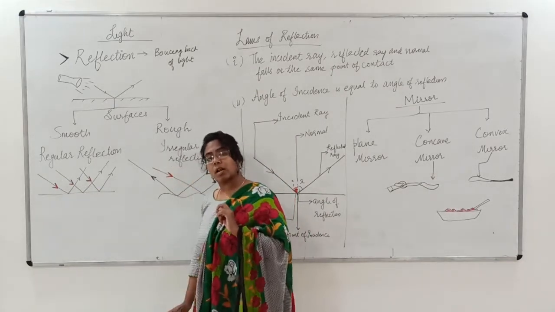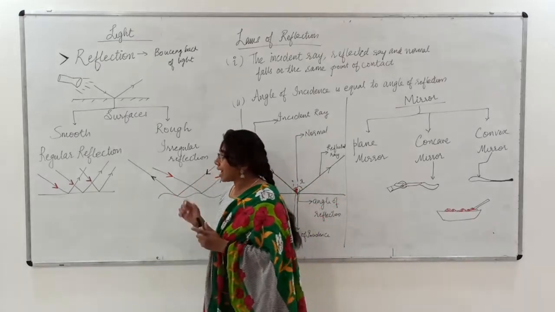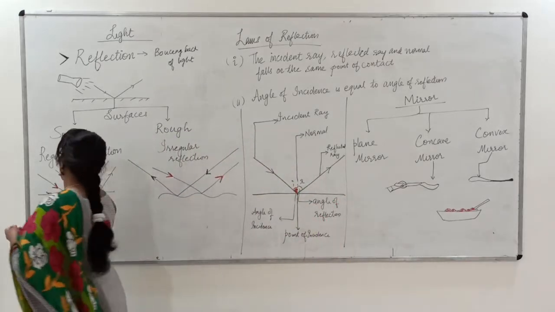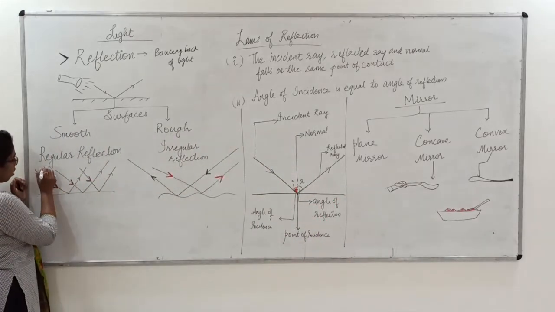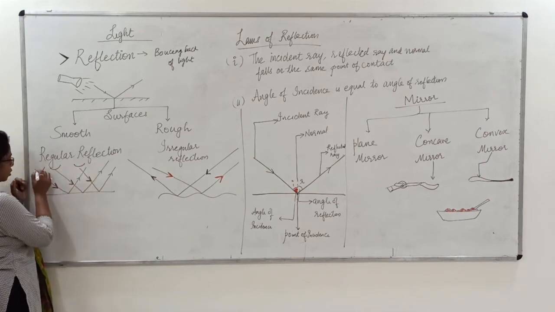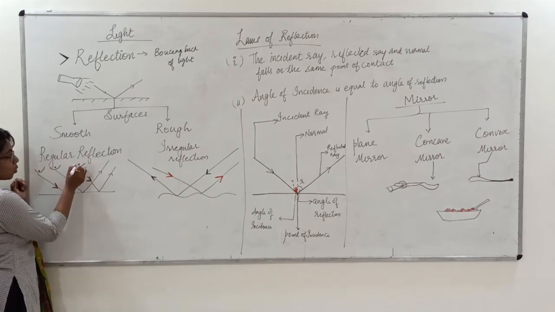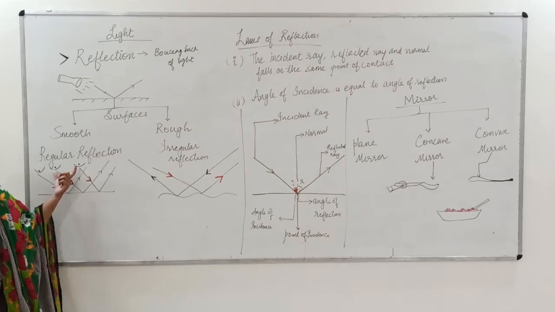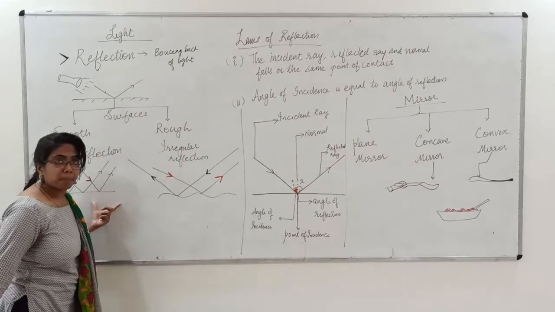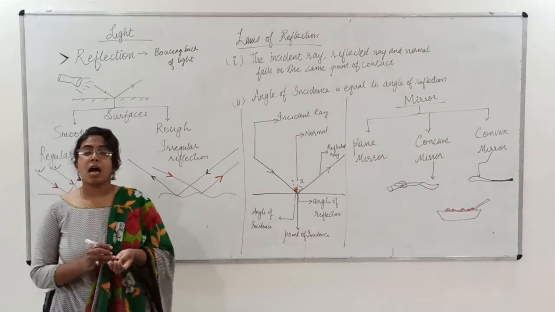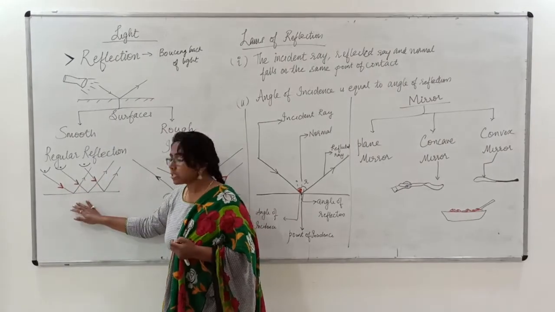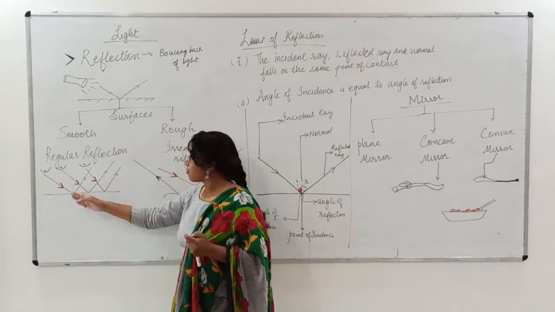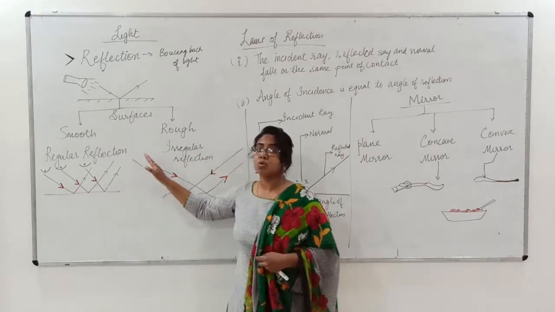Now what are these different arrows? There are different lights which are switched on, and these are falling on one single surface. As the different rays fall on a single surface, they reflect from the surface and move back.